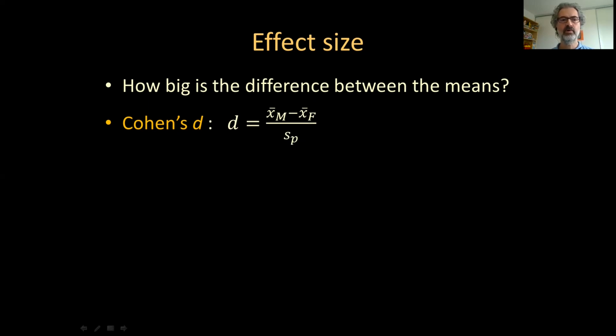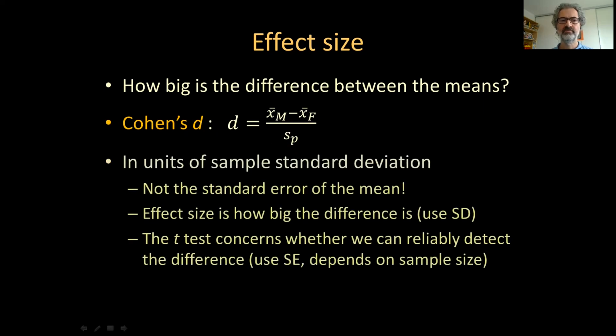d is equal to the difference between the two means divided by the pooled standard deviation. This is not the standard error of the mean. This is the standard deviation that can be calculated from the two samples. This is very important to remember because it expresses the difference between the d and the t.